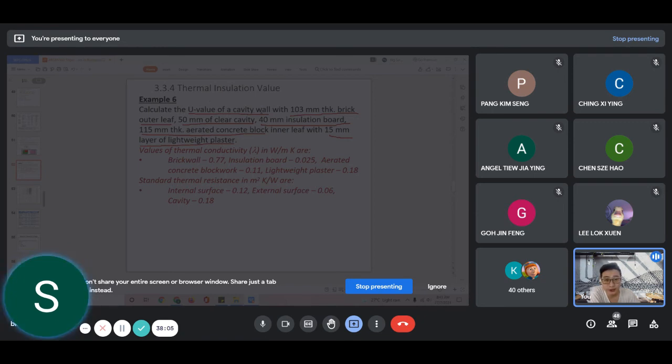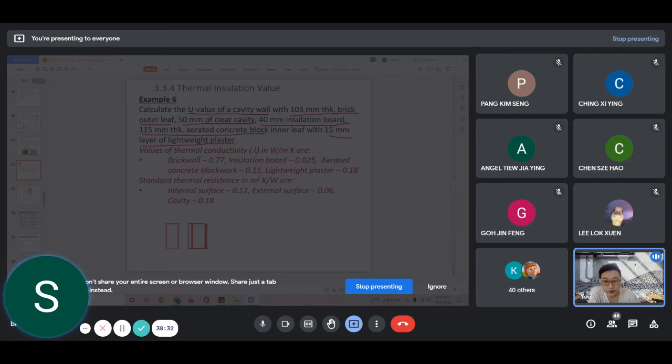So this cavity wall has, let's see, 100 mm thick brick, and then in between there's an air gap, and then we have an insulation board. Next we have another concrete block, and finally a very thin layer of plaster.